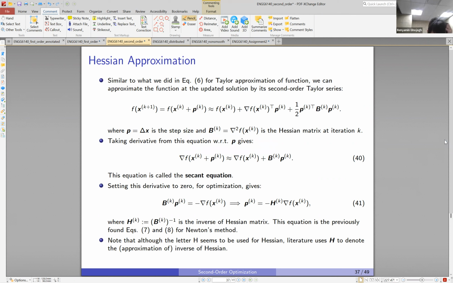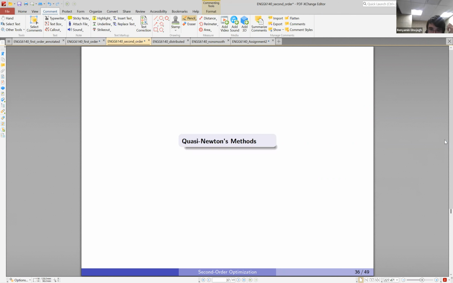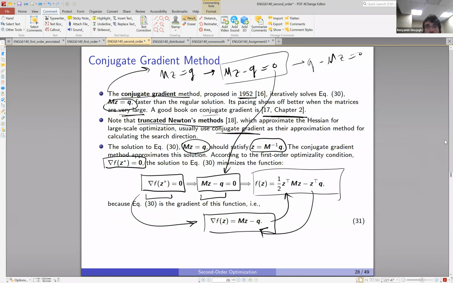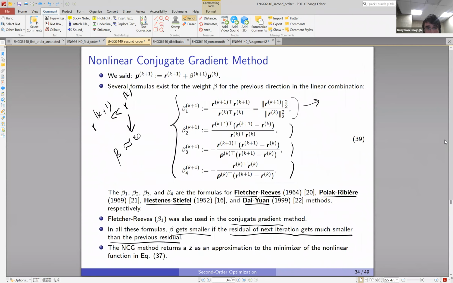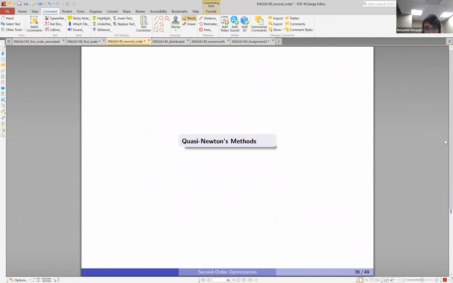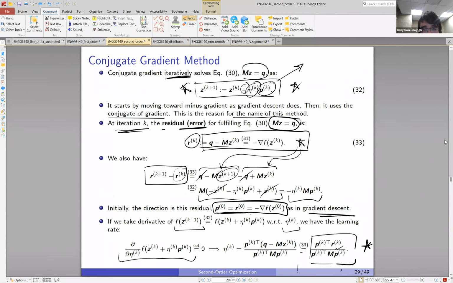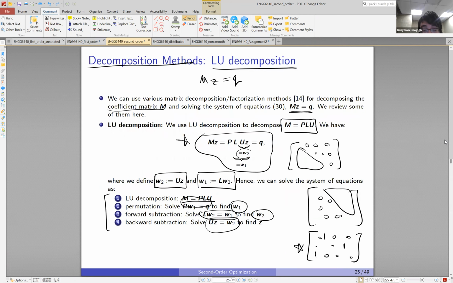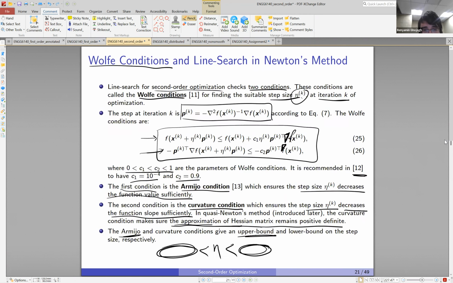Okay, so quasi-Newton's method, what is that? By the way, up to here, we were discussing how to solve Newton's method linear system of equations fast, which was Mz equals q. Now we are changing gear to quasi-Newton's method. In Newton's method, we have the Hessian, right?